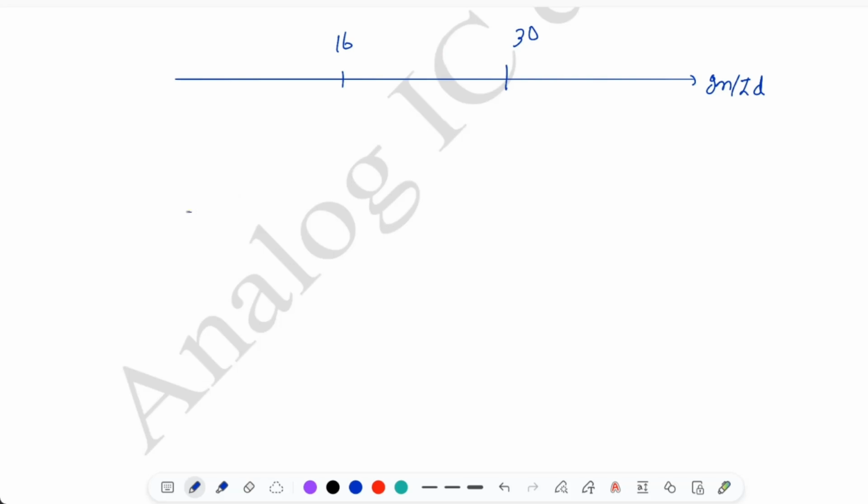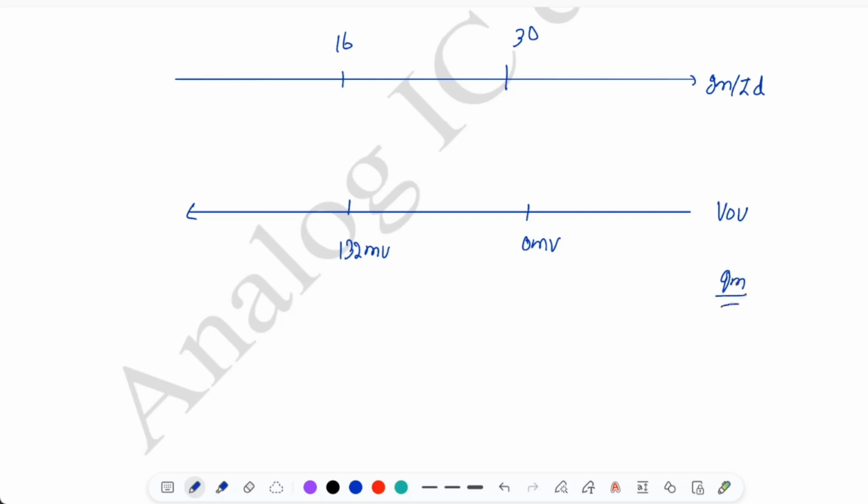Suppose this one is gm/ID. Here it's 16, here it's 30. And that is V overdrive. This one is 130 millivolt, and this one is 0 millivolt. gm/ID is inversely proportional to V overdrive.